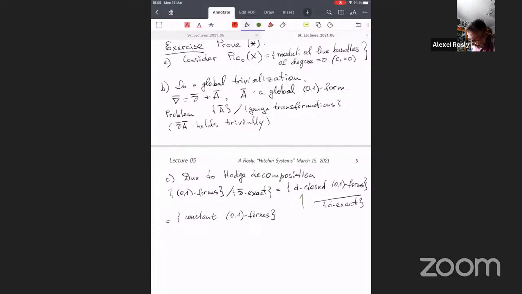If we take some element alpha from here, its cohomology class in H1 is completely defined by contour integrals of alpha over all gammas. Okay?